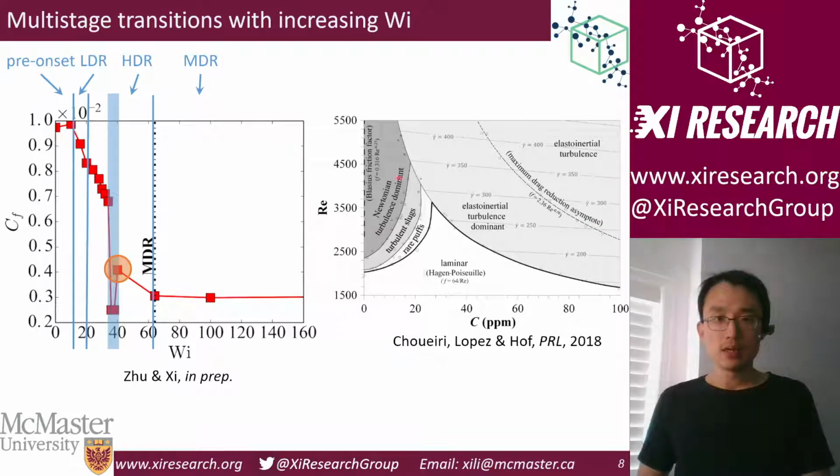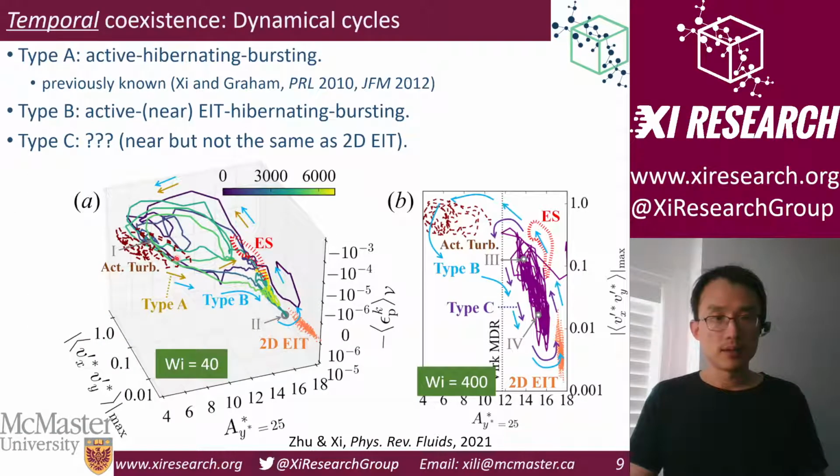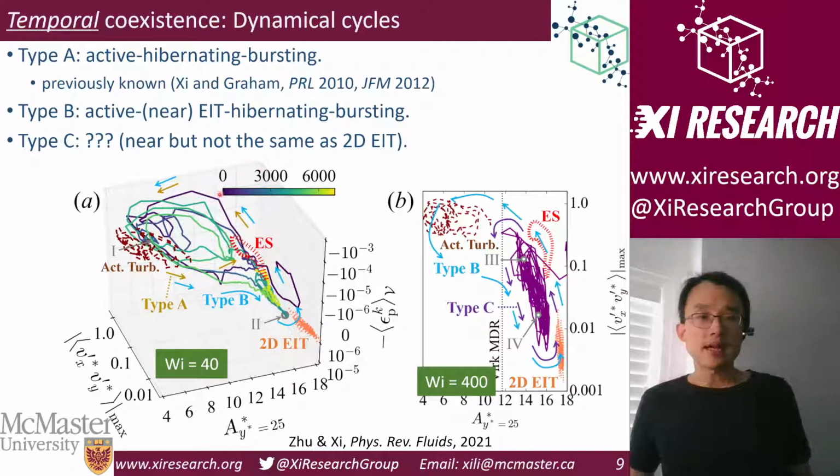So we're looking into this point, which is basically right after the laminar window, and looking at its dynamics in more detail to see what is sustaining the turbulence there. Showing here is exactly the Weissenberg number equals 40 point I highlighted in the previous slide. If you look at the dynamics shown in this colorful solid line, it undergoes 2 types of cycles. One is a small cycle.